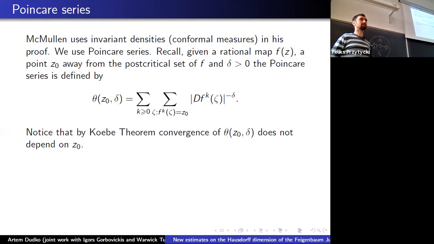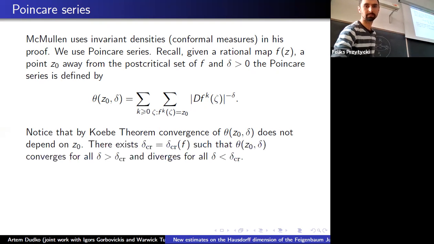And the Koebe distortion theorem implies that the convergence of this series does not depend on the choice of z0 as long as it is away from the postcritical set. And so there exists a unique delta critical, which does not depend on the point, such that the series converges for delta greater than delta critical and diverges for delta less than delta critical.